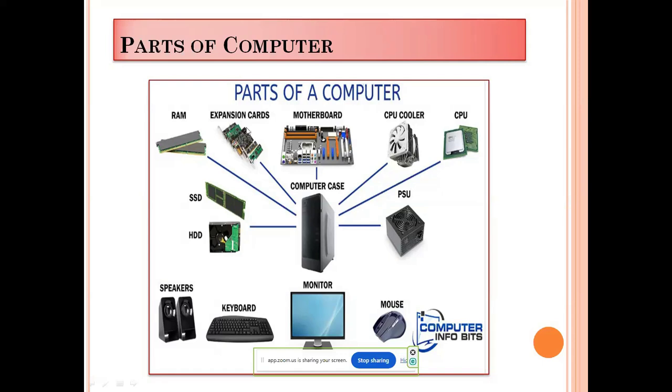Again, we have expansion cards. These are called add-on cards. What do you mean by an add-on card? An add-on card is like an additional card. Why do we use a speaker? To listen to songs and sound. On the monitor, we display the picture.